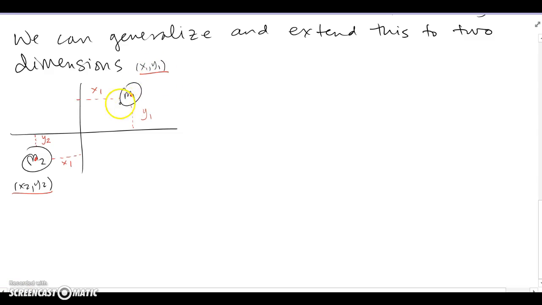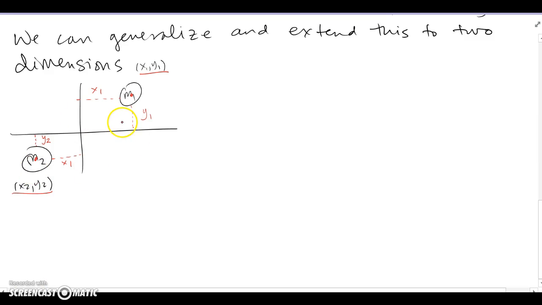So if the location of M1 is at the coordinates x1, y1, M1 will be y1 units above the x-axis and x1 units to the right, in this case, of the y-axis. And similarly, if M2 is located at x2, y2, then I have this distance that it is away from the x-axis and this distance that it is away from the y-axis.